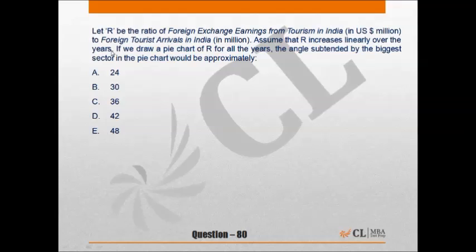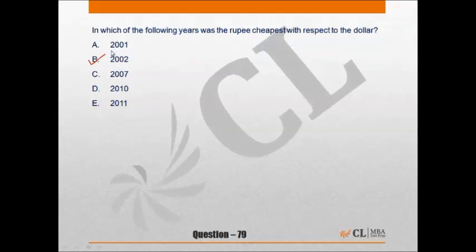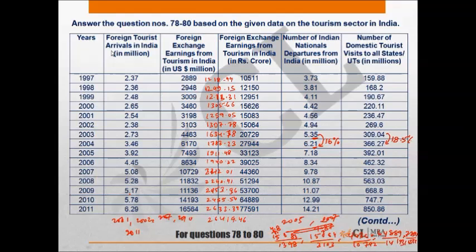If we draw a pie chart of R for all the years, the angle subtended by the biggest sector in the pie chart would be approximately what? So basically we have to find the value of R for all the given 15 years, and then draw a pie chart, and then check what is the angle subtended by the maximum value of R.